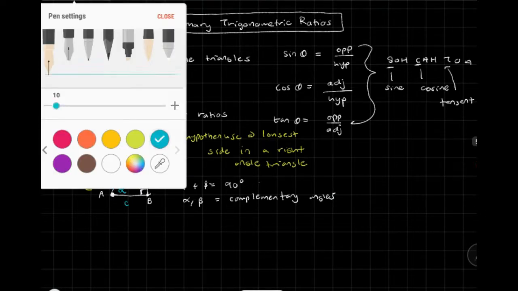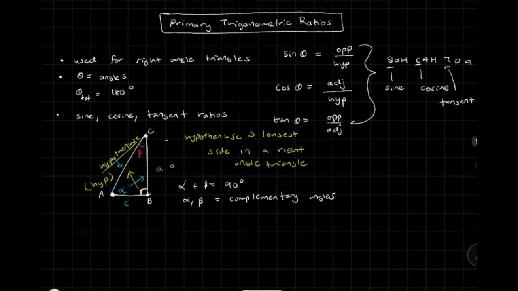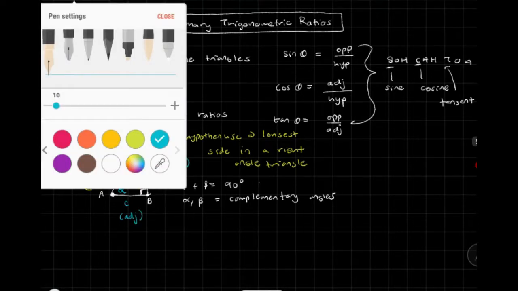And let's take a look at the ratios. If we use angle alpha as a reference angle, then this side length A is our opposite side. Okay, so this is my reference angle, A is my opposite side. This side length B will always be the hypotenuse, so as a result, this is my adjacent side. Okay, let's take a look at angle beta.